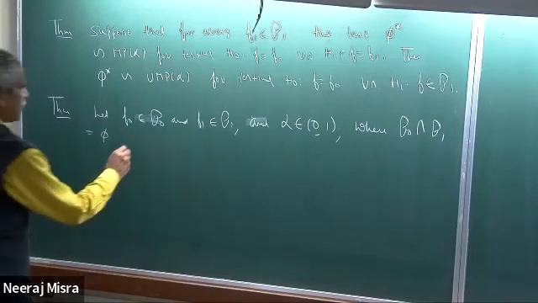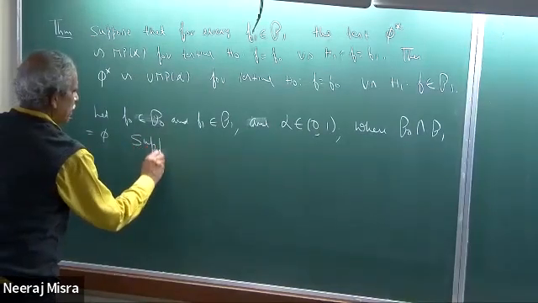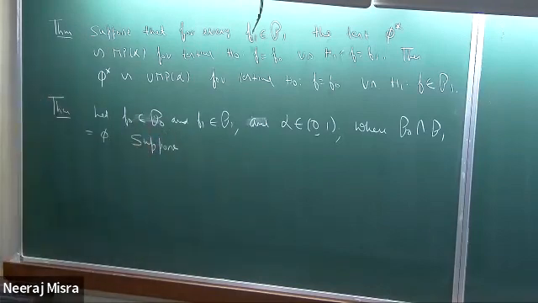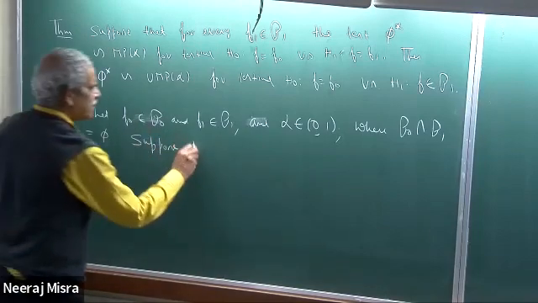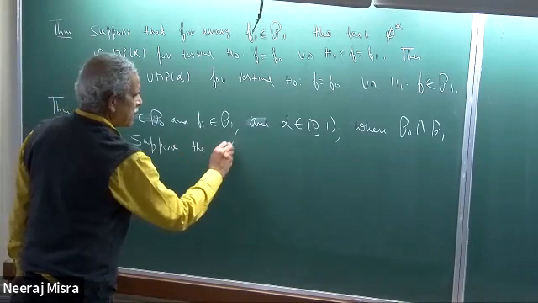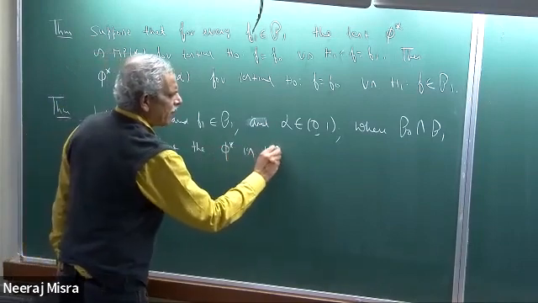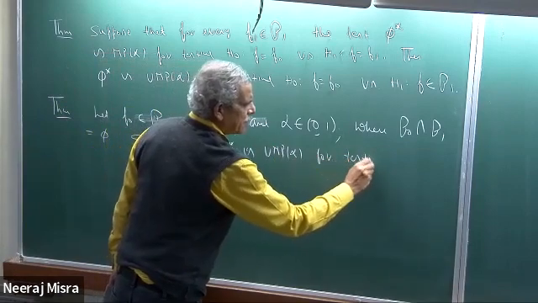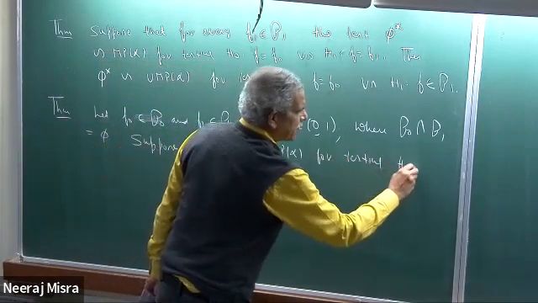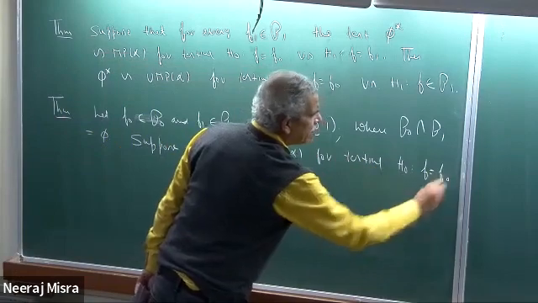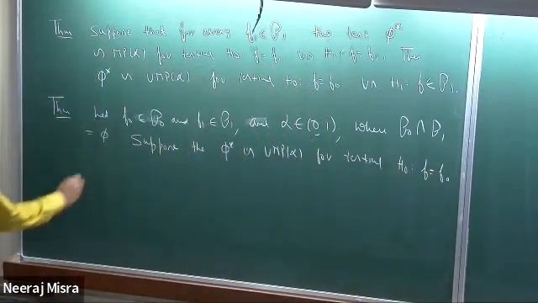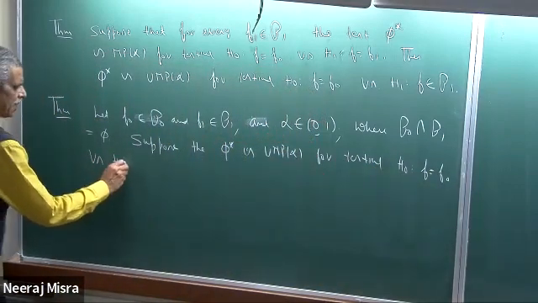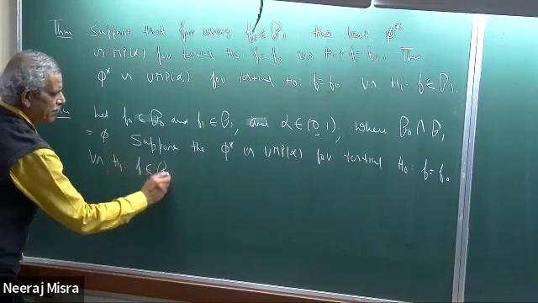So suppose that phi star is UMP alpha for testing H naught that F is equal to F0 versus H1 that F belongs to P1, right?